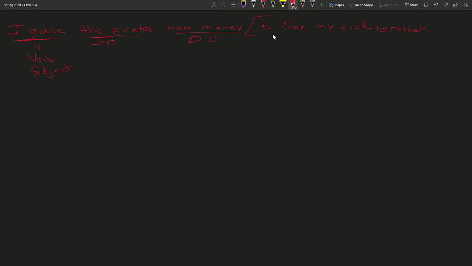And then we have this secondary clause right here, to free my sick brother. So this is kind of a precursor to what we might see a bit later when we get into subjunctive clauses, but it's essentially what we call a purpose clause in English.